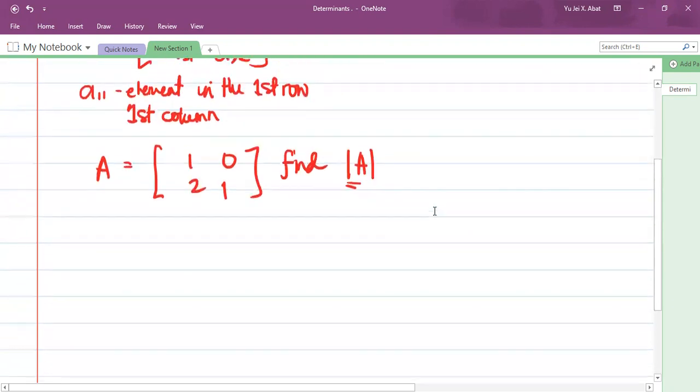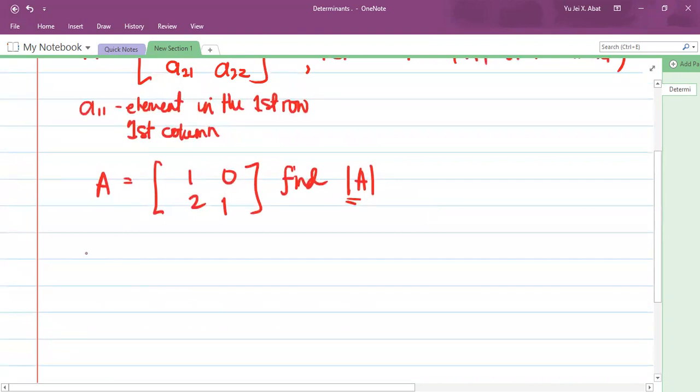Now, what is the definition of determinant?